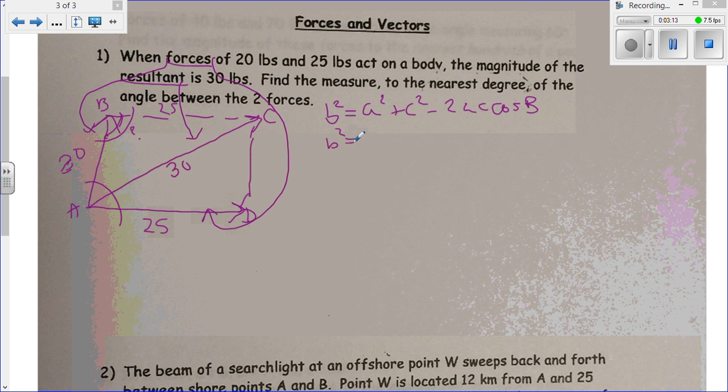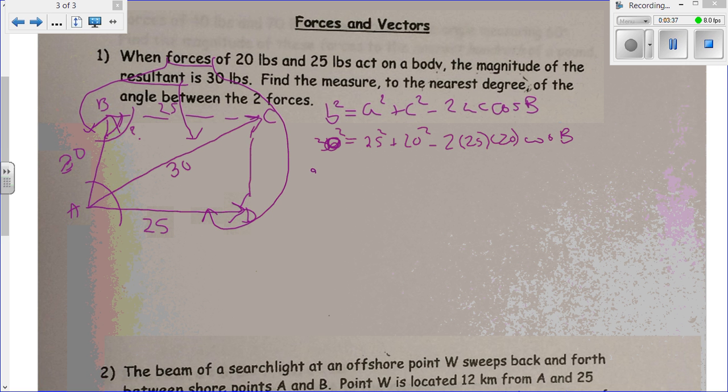So A squared would be 25 squared plus 20 squared minus 2 times 25 times 20 times, oh sorry, I know what B is. This should be 30. My bad. Times the cosine of B, because I'm looking for angle B.